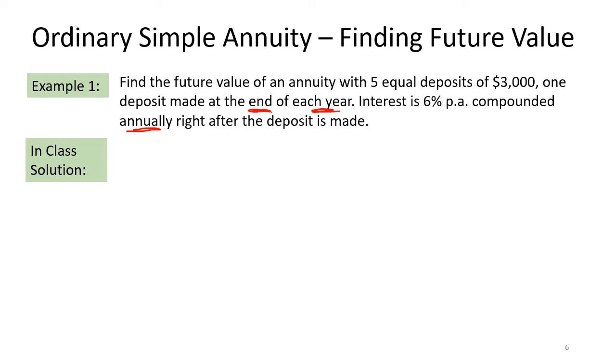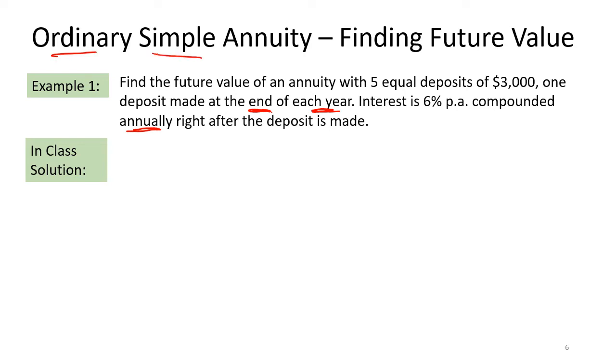So deposits made at the end of the year make it an ordinary annuity, and having the compounding frequency and the payment frequency the same makes it a simple annuity. That's why it's an ordinary simple annuity.